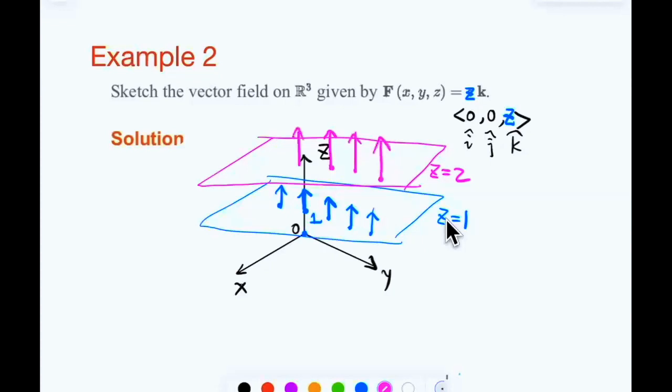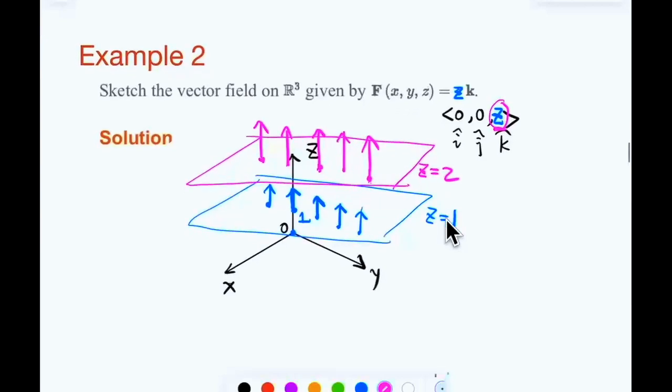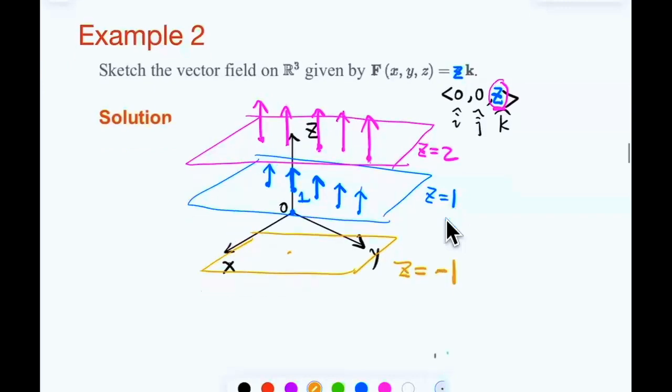Yeah. Magnitude is equal to the z component of the point. Okay. So since all of this point has the z component to be 2, then the magnitude will be 2, right? And similarly, what about at the plane that z equal to, say, down here, say z equal to negative 1.